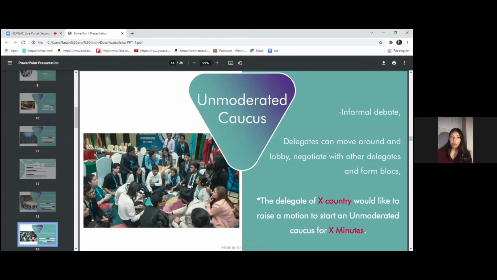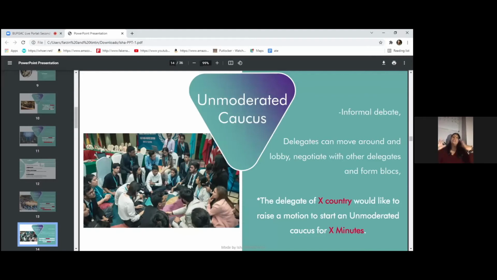Now we have the unmoderated caucus. In moderated caucus, the dais members were moderating it, right? They will be listing down the names of the delegates who speak. They shall be checking the time. If delegates are speaking more, the dais members will say, please sit down, delegates. However, in unmoderated caucus, the dais members must back off completely.